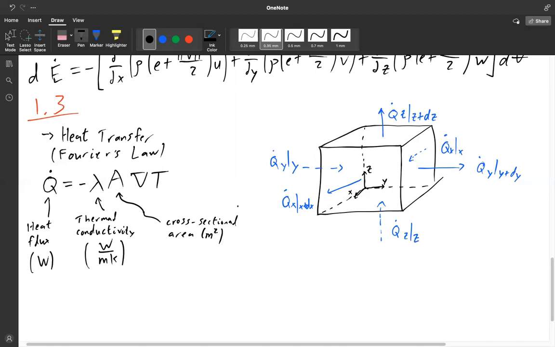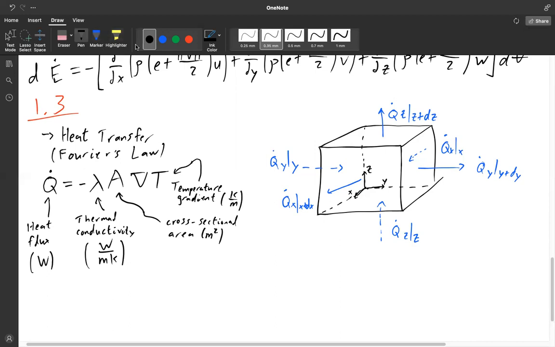And then gradient T is the temperature gradient, which has units of Kelvin over meters.